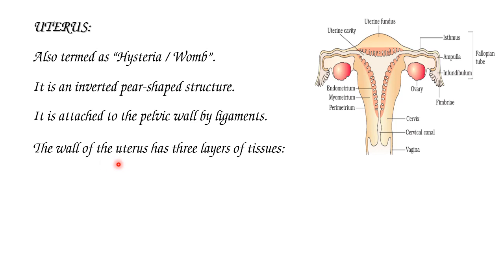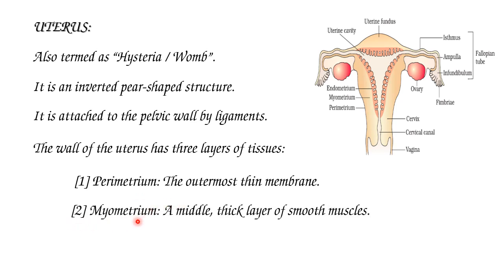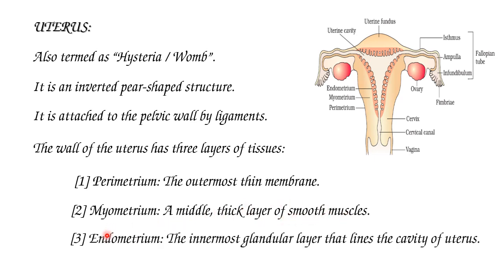The wall of the uterus has three layers of tissues. They are perimetrium, the outermost thin membrane of the uterus. Myometrium, a middle thick layer of smooth muscles. Endometrium, the innermost glandular layer that lines the cavity of the uterus.